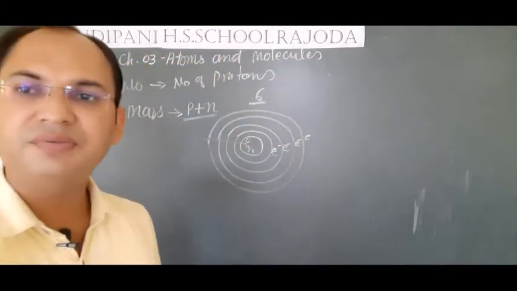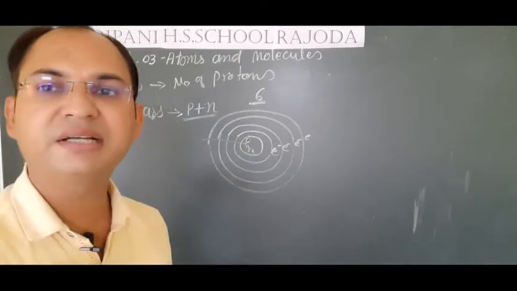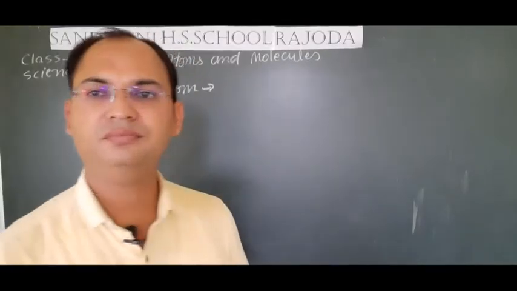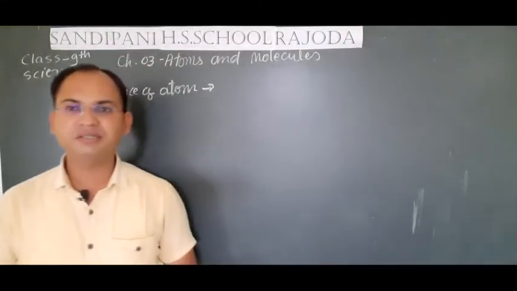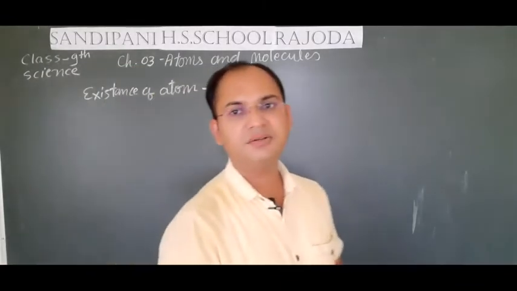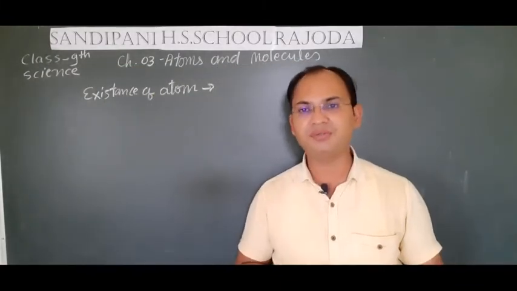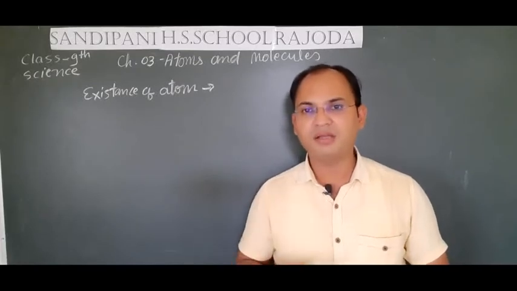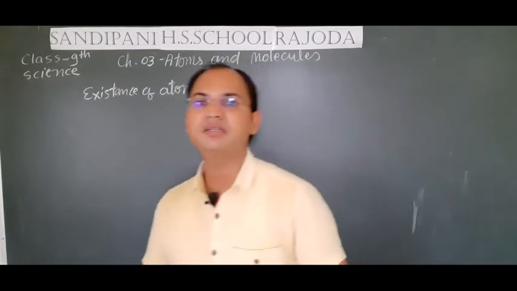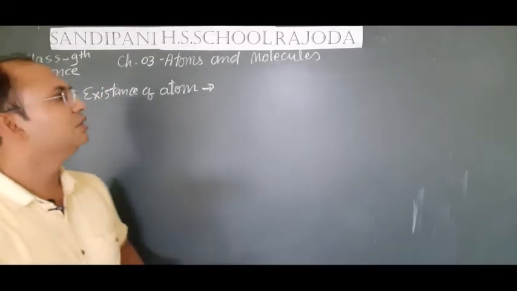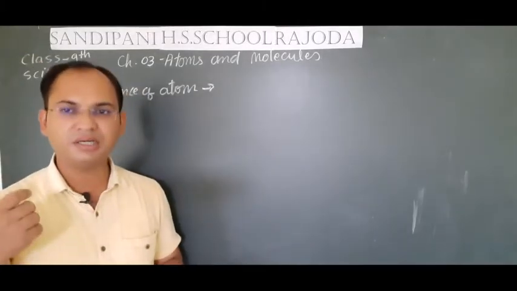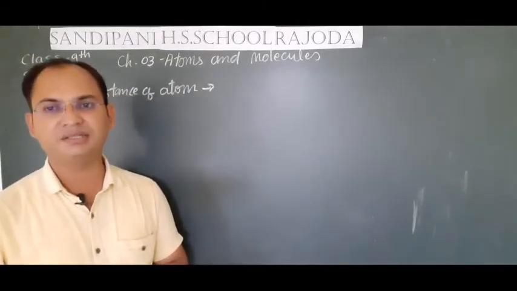the existence of an atom, how the atom exists in nature. So students, the existence of the atom means how the atoms of the elements are found in nature. If we see, most of the atoms do not exist freely in nature.